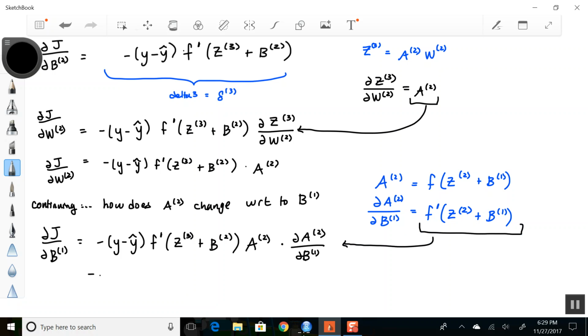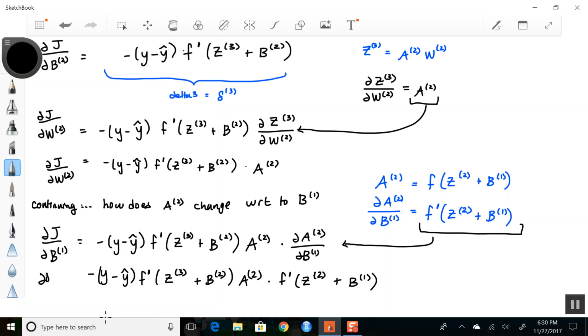So putting it all together, I have this, with respect to the first bias matrix.